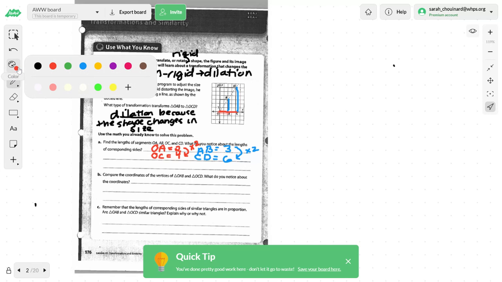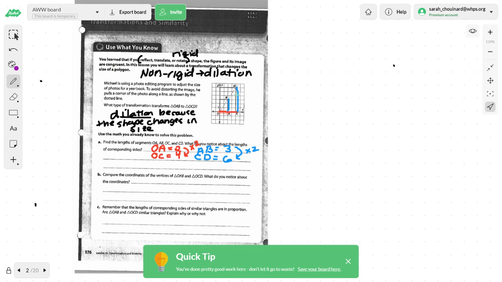So now they want us to compare the coordinates. So let's compare coordinate B. Coordinate B has the coordinates 2, 3. Let's compare that to the corresponding vertice, which is coordinate D, which has coordinates of 4, 6. And so what I notice is that the x coordinate went from 2 to 4.